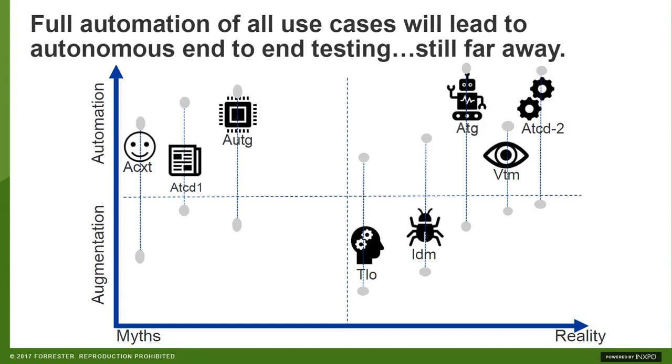And then you've got the other use cases, the testing lifecycle optimization, the identification, the bug, all the work we can do around issues and issue management and clustering, to the automated test, the API testing generation, to the visual testing, and to the automated test case generation on more standard models.